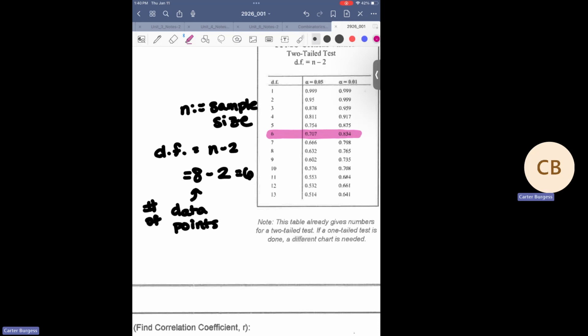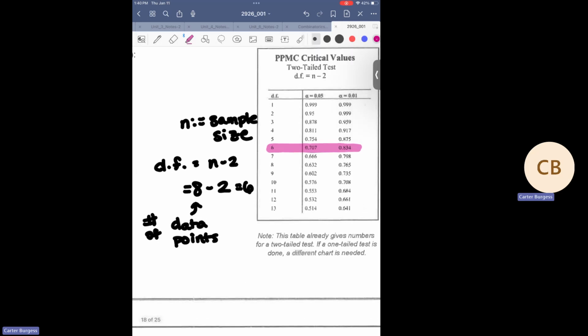It's harder to hit that 1% than it is for that 5%, which is what we should expect, right? If it's harder to hit stronger correlations, then being more picky about our data should mean that we are looking at stronger correlations. So what is the actual value on our table that corresponds to 6 degrees of freedom with the alpha that we set at 0.05 or at 5%?